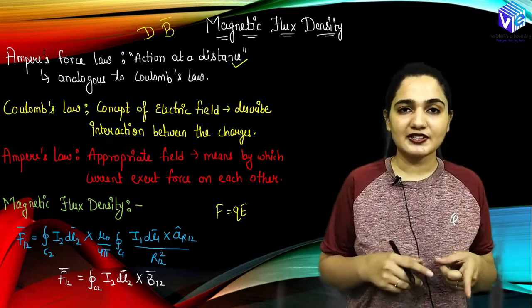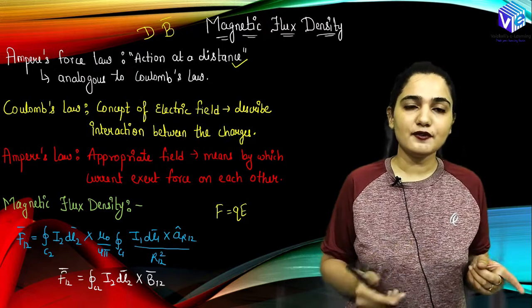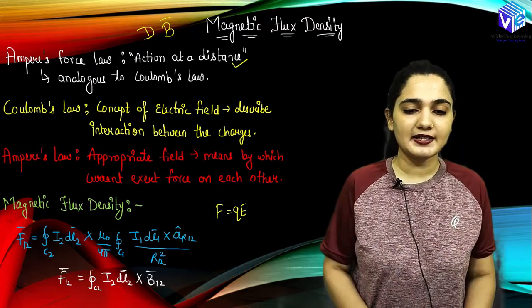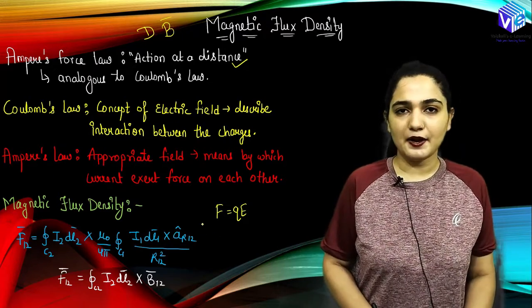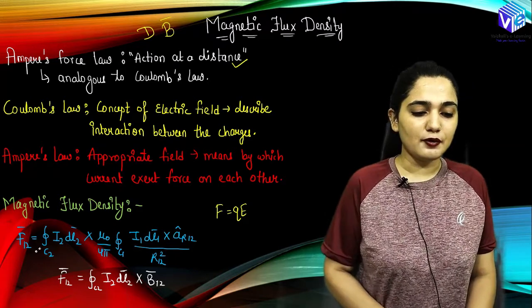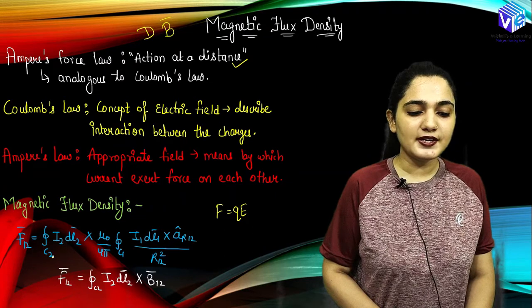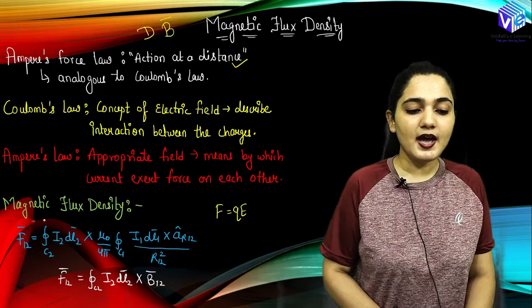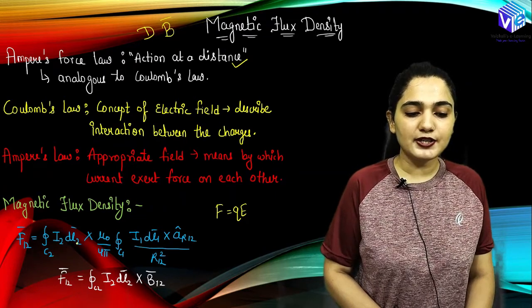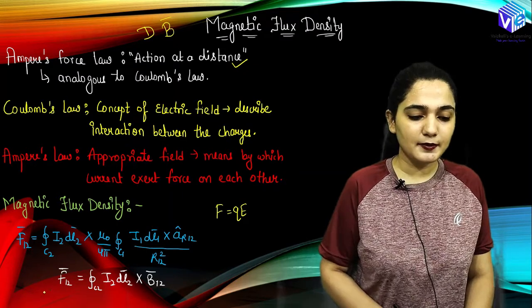Like with the electric field intensity I was finding the force, here also with the magnetic flux density I can find the force. So now the force here can be represented as the contour integration over C2, where I have taken I2 dl2 as a separate term.